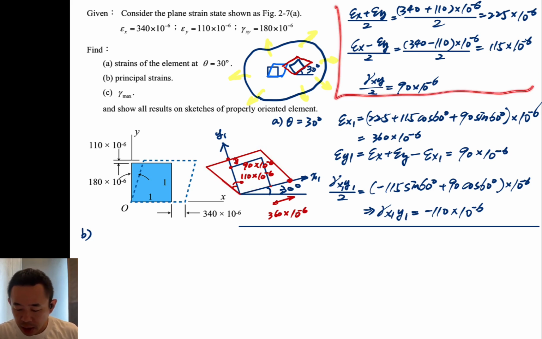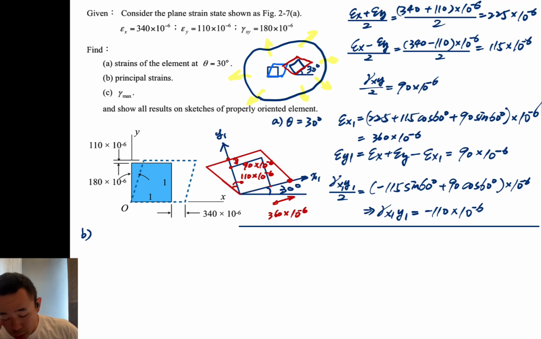After we substitute all the values in the equations, we can obtain epsilon x1 equal to 360 times 10 to the minus 6, epsilon y1 equal to 90 times 10 to the minus 6, and gamma x1y1 divided by 2 equal to these equations.